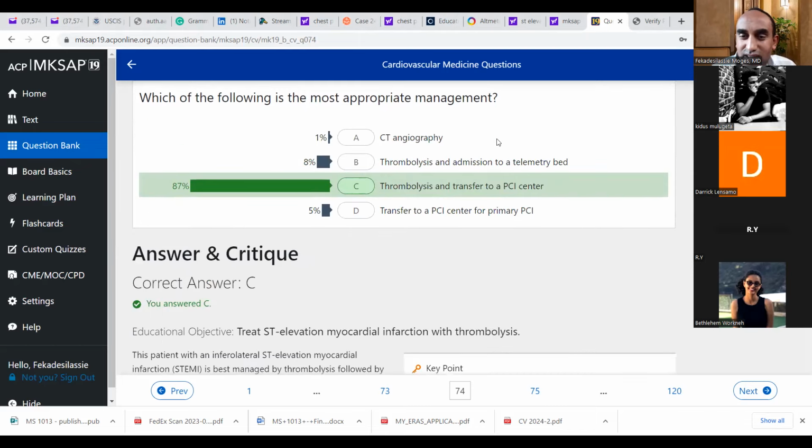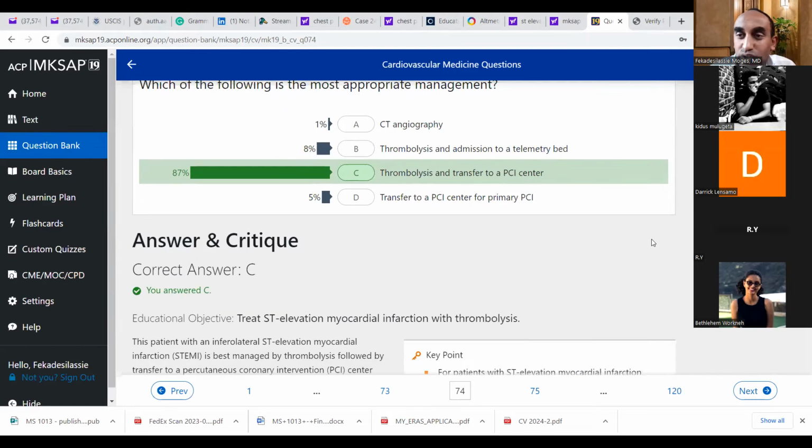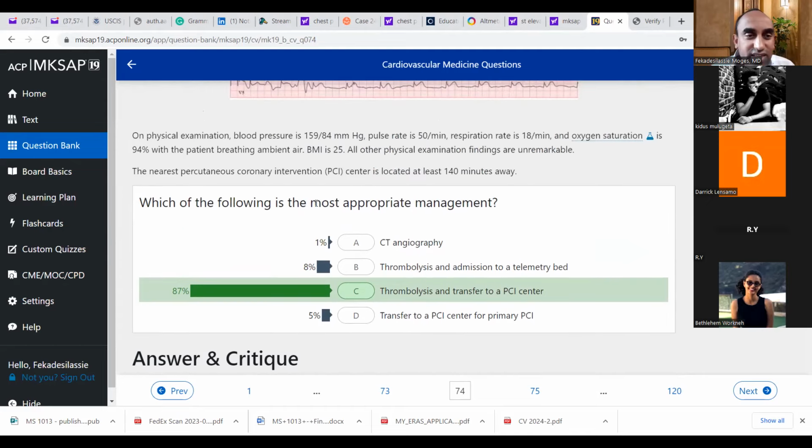Why is C the answer? So B says thrombolysis and admission to a telemetry bed. What are you going to do by admitting a patient? What it says is the nearest PCI center is 140 minutes away. I told you earlier, if you are not able to transfer the patient within the first 120 minutes, you have to give thrombolysis, but it doesn't stop there.